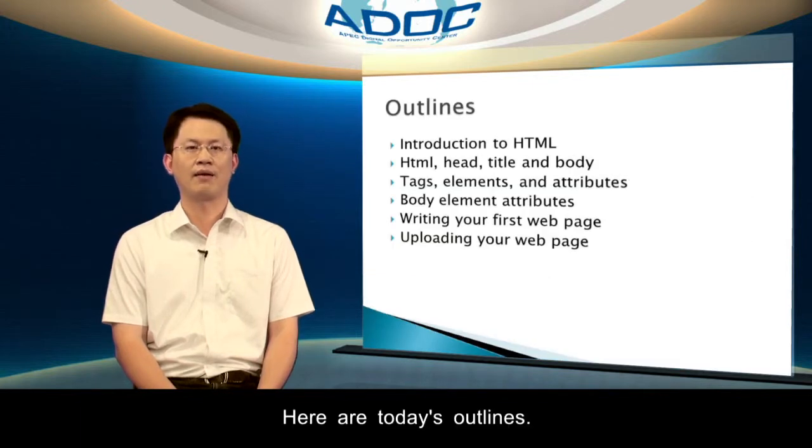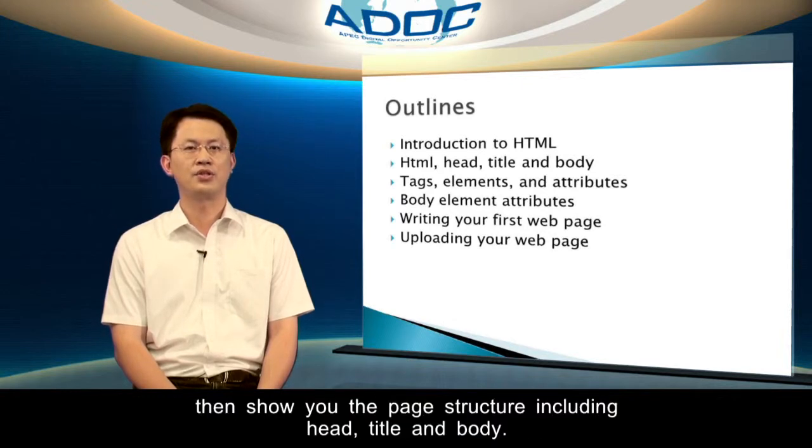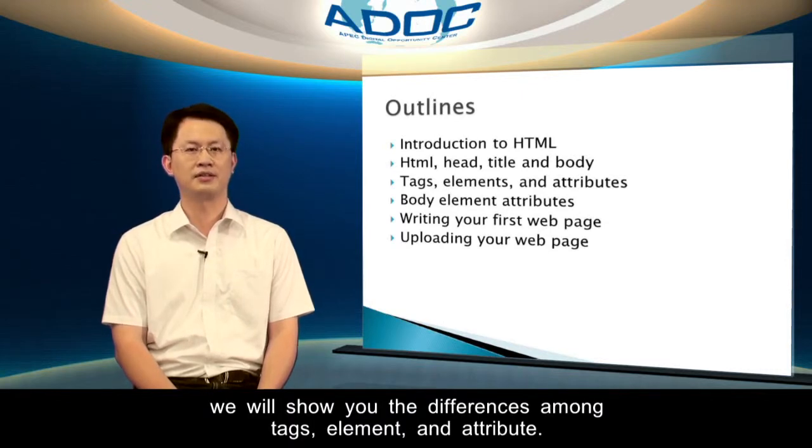Here are today's outlines. We will start with the history of HTML and how it works on the internet. Then show you the page structures, including head, title, and body. To follow along, we will show you the differences among tags, elements, and attributes.